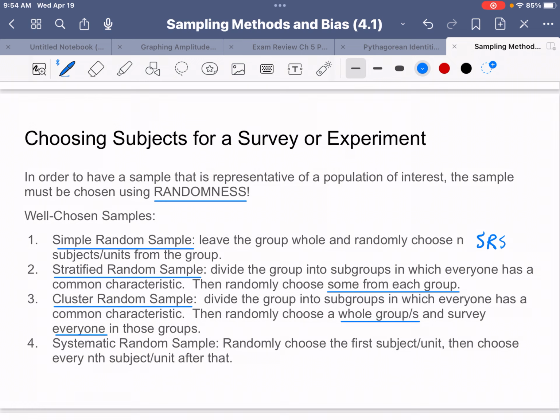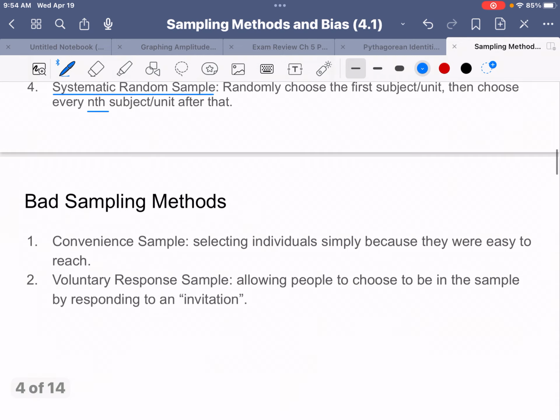And then you have a systematic random sample, which is the one where you randomly choose your first person, then you choose every nth person after that. So there will be multiple choice questions where you have to identify the sampling method. So let's take a look at examples of each.